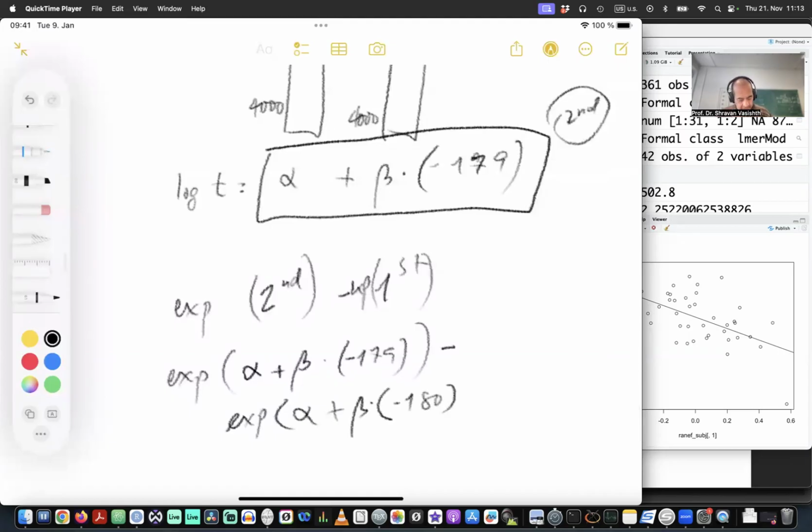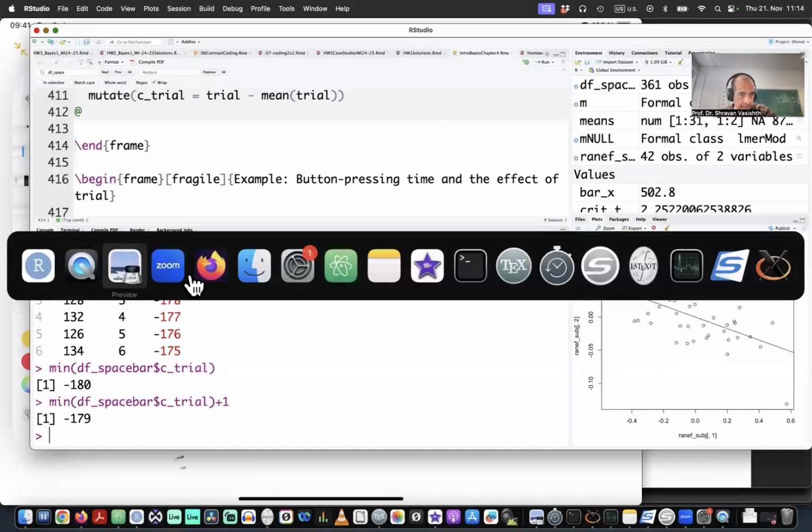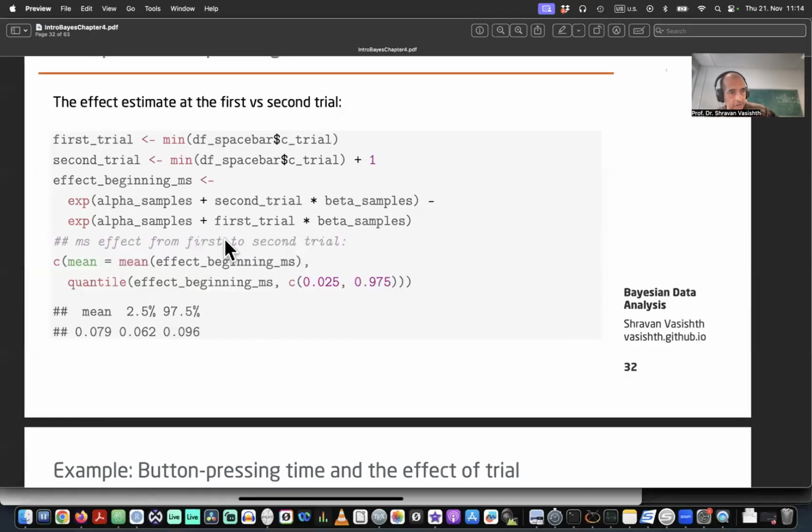So this will give me a vector of 4,000 scores on the millisecond scale, which represents the change in the button pressing time when I go from the first to the second trial. So that's what this code is doing. You see that? Second minus first trial.